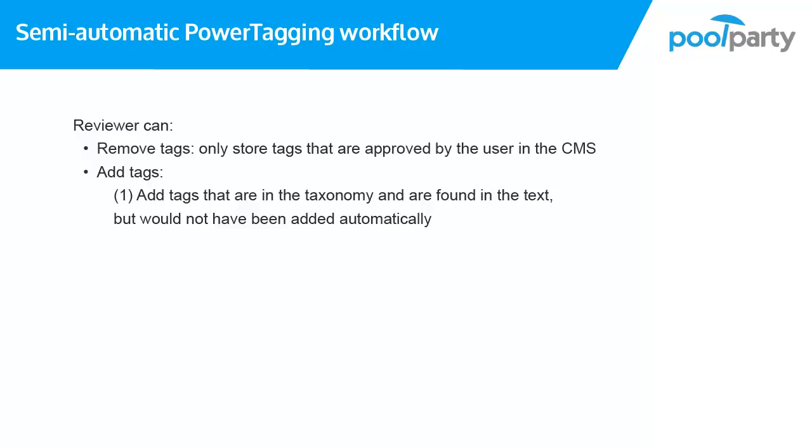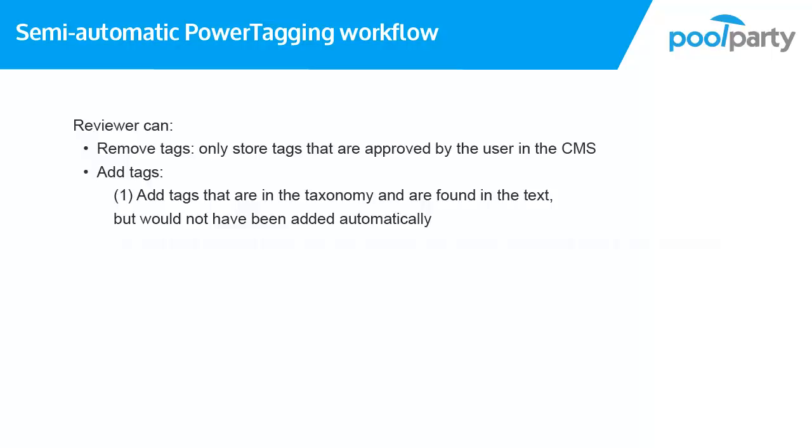It is very likely that the system will return many tags that are not among the top 15 or 20 tags that you define should be added to a document, or tags that have a relevance score that falls below the cut-off value you set to restrict the number of tags. You could display all those tags that would not have been added to the document automatically, and the reviewer can choose to add tags from this list.